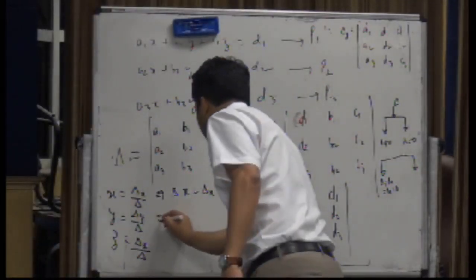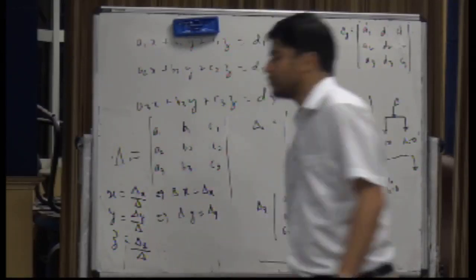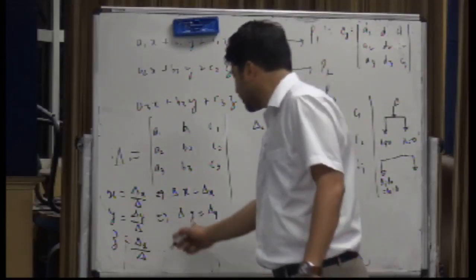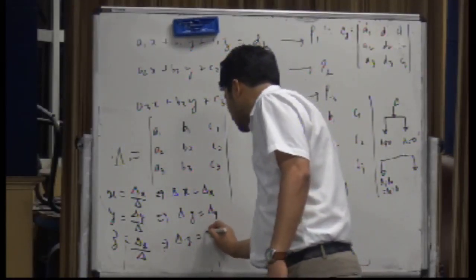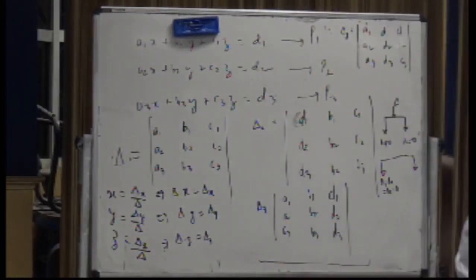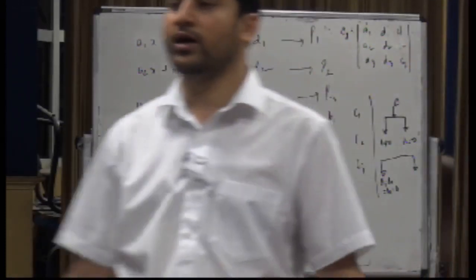Similarly, 0 into y is equal to 0, which can be satisfied by any y, and similarly 0 into z is equal to 0. So when all 3 are 0, you have infinite solutions.